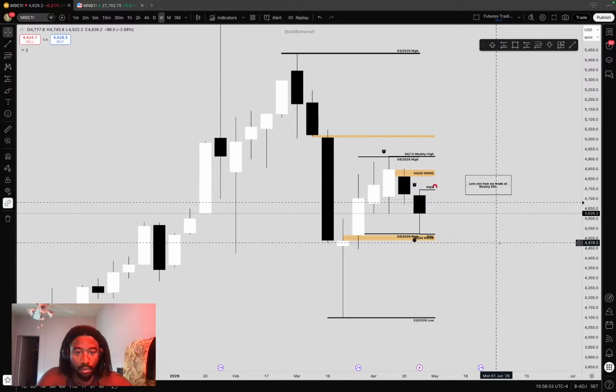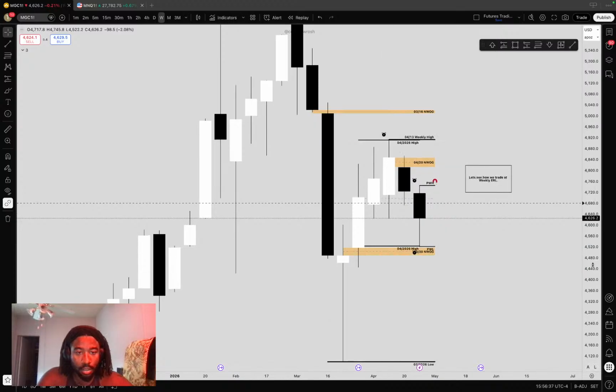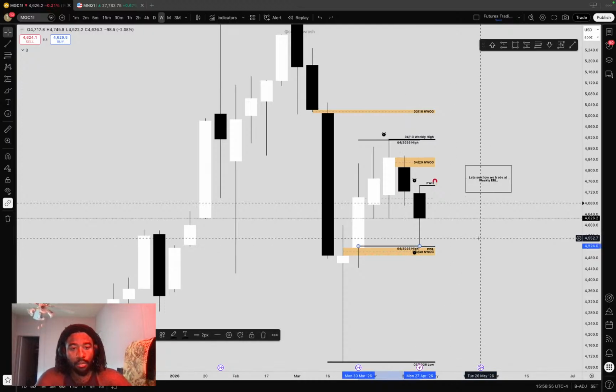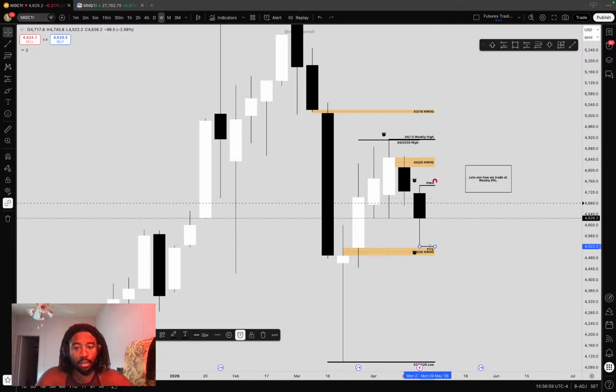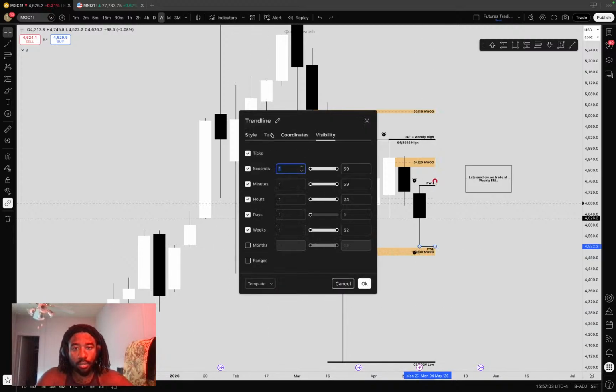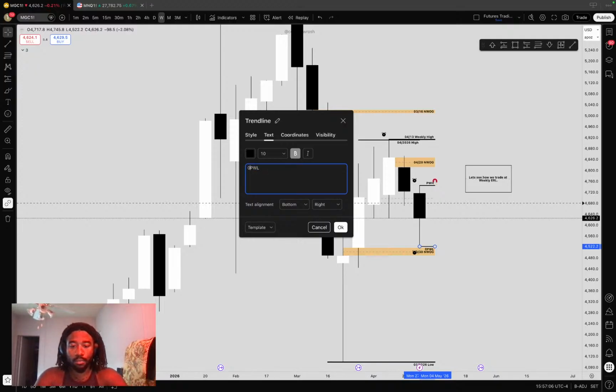So now let's take a look at this. So we're gonna get rid of that, and we're gonna turn this into... All right, so that's both the April 2026 low and the previous week's low.